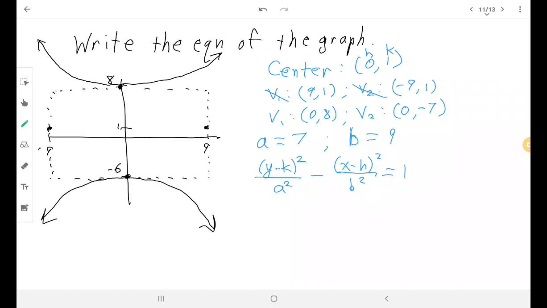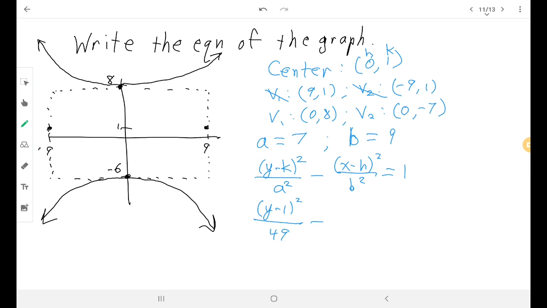So y minus k, k is 1 here, so remember you have to be careful that the y is first, so you have to look at the k first. So y minus 1 squared over a squared. A is 7, so 7 squared is 49.